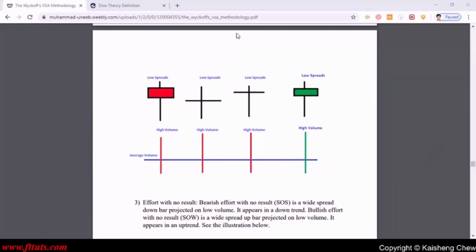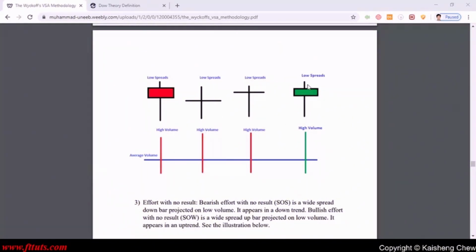The abnormal is important because when there's abnormal, it means there's a sign of weakness and might be a reversal signal. If you see a big bar but the volume is small, it means there is weakness in the bullish candle. When there's a big bearish bar but small volume, the sellers are getting weakened.